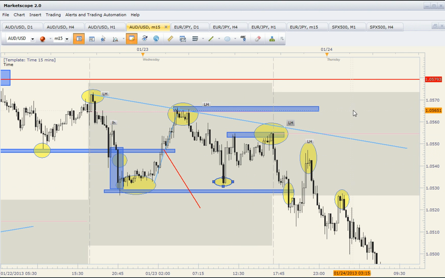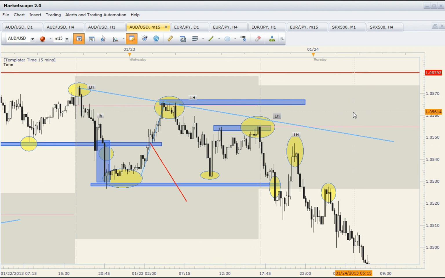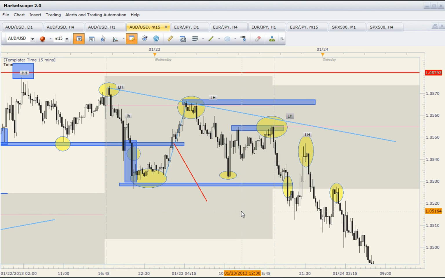But I've got to start believing a case is being made that price wants to go down, that the bears are in control. More sellers are liking the price to sell, to take a short. So now I've got to give up and believe that price is going to go down.